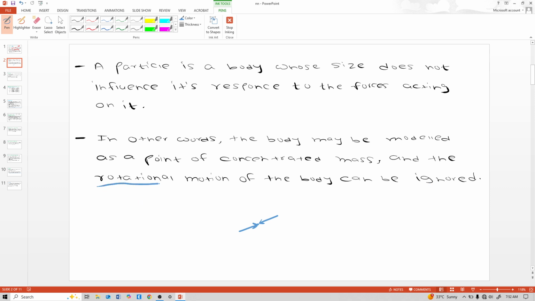Why is rotational motion ignored? Because a force acting on this body does not make it rotate. So that is the meaning of these bullet points. The size of this particle does not influence its response to the forces acting on it.